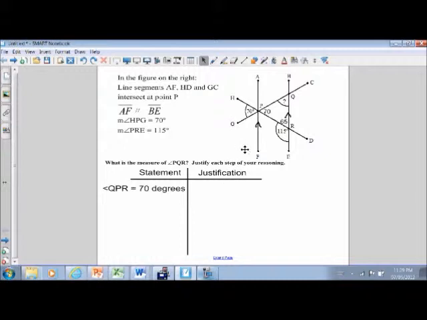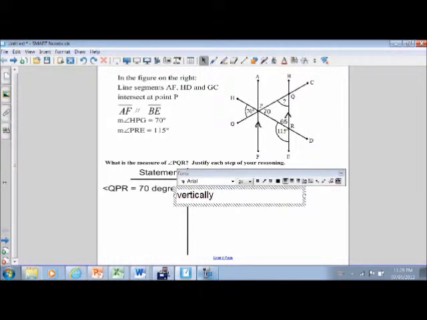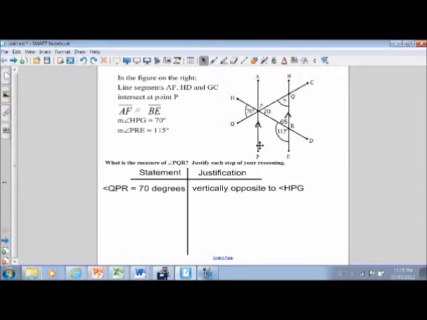In my justification, I'm going to say how it's connected. We said vertically opposite, and I'm also going to say to which angle, so to angle HPG. Since vertically opposite angles are always congruent, and these two angles are vertically opposite, of course they must be congruent.